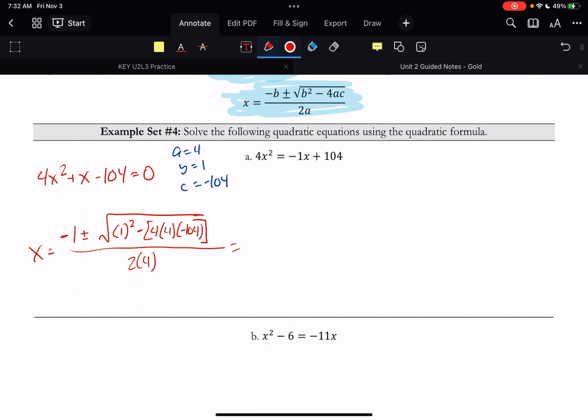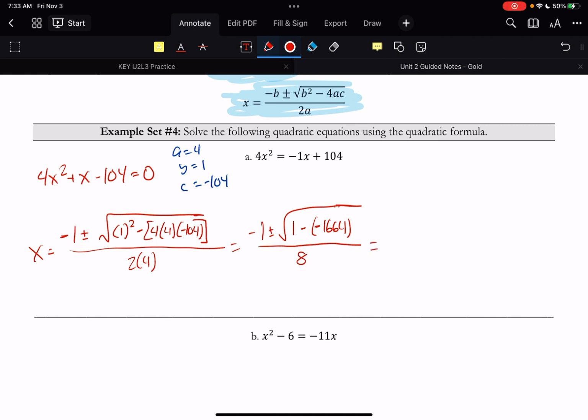So now we literally just do the math. So negative 1 plus or minus the square root of 1 minus 4 times 4 times negative 104, negative 1,664, all divided by 2 times 4, which is 8.